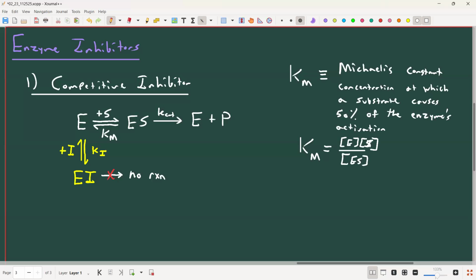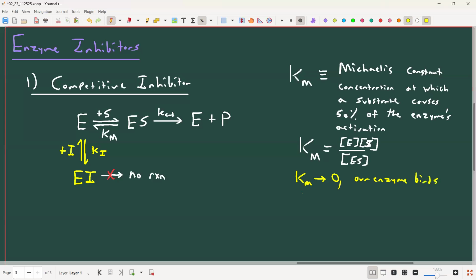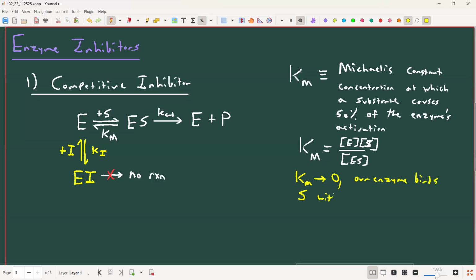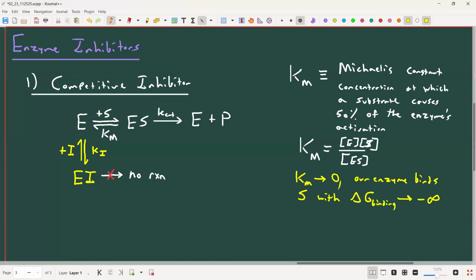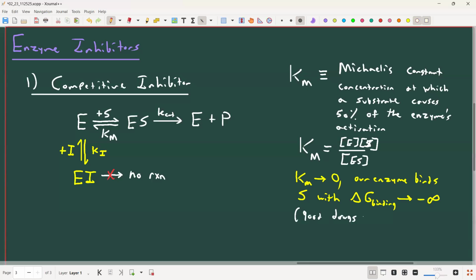So as Km goes to 0, our enzyme binds S with delta G of binding, the Gibbs free energy to bind, going to minus infinity. As Km gets smaller, it becomes more and more spontaneous to bind the substrate to the enzyme. So an effective drug has a small Km. Good drugs equal small Km. You want to put in as little drug as possible to evoke a response.